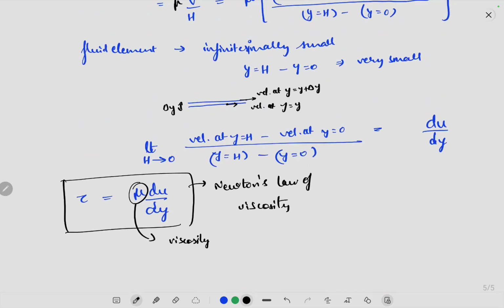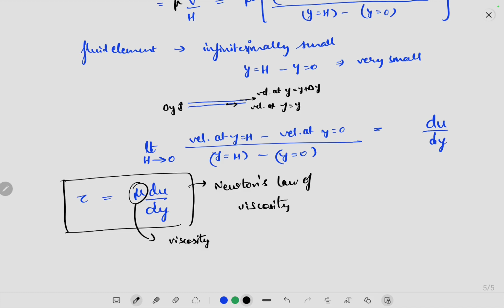Newton's law of viscosity tells me that the stresses built inside the fluid to oppose the shearing of the fluid because of some shear strain rate are proportional to that shear strain rate, and the proportionality constant is the viscosity of the fluid. So the viscosity is a property of the fluid which represents the fluid's resistance towards the flow.